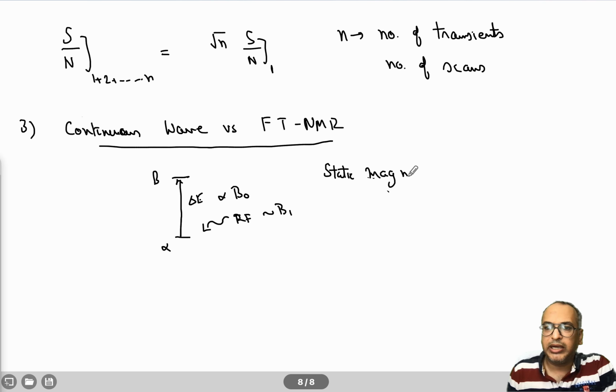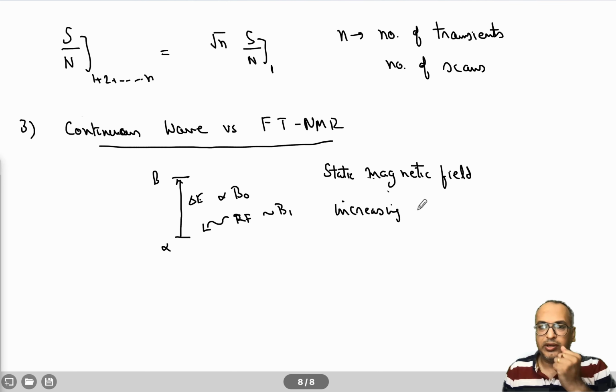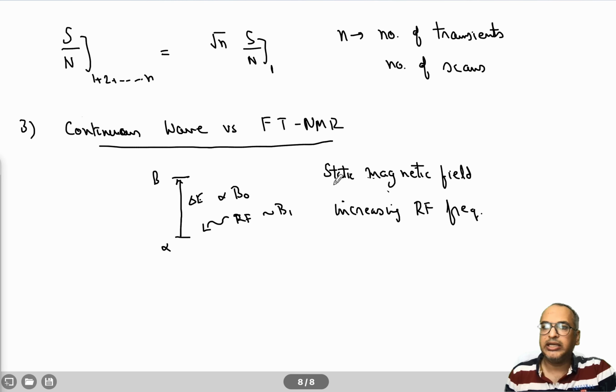So you apply a constant magnetic field, you create different delta E values for different protons, like delta E for the proton of hydroxyl will be different from CH2 and CH3, right? And you apply a sweep, so you apply an increasing RF frequency, radio frequency, so that whenever there is a resonance condition between the field and the RF, there would be a signal.